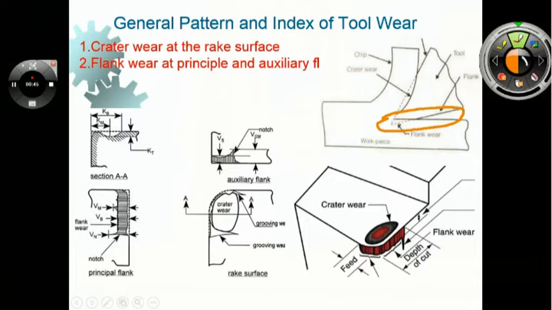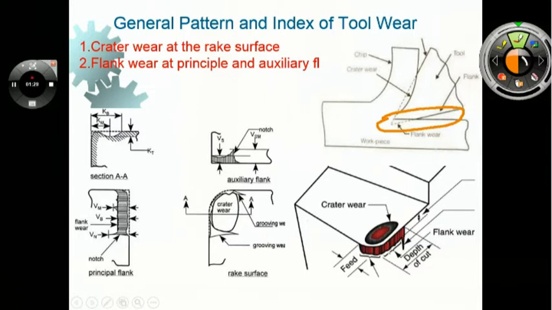If you observe the three-dimensional view, then this is your primary flank below the primary cutting edge, and this is your secondary cutting edge. So this red surface shows the flank wear. This depth of flank wear is termed as the wear length. So you can quantify the flank wear in terms of this wear length.